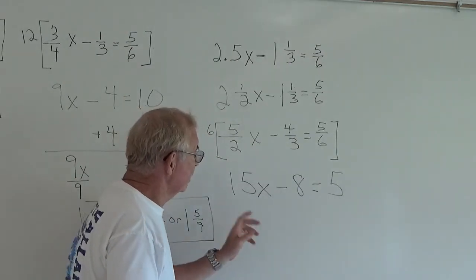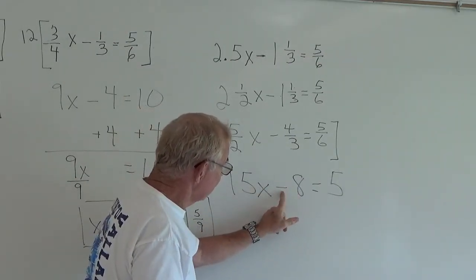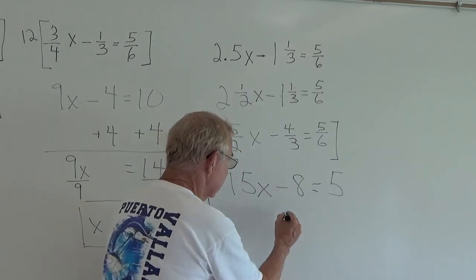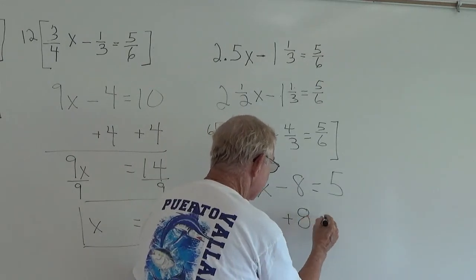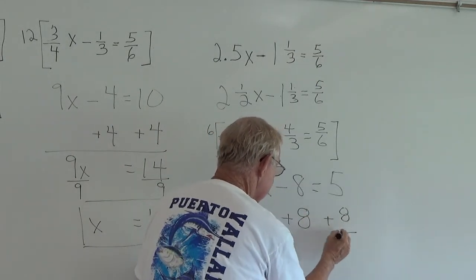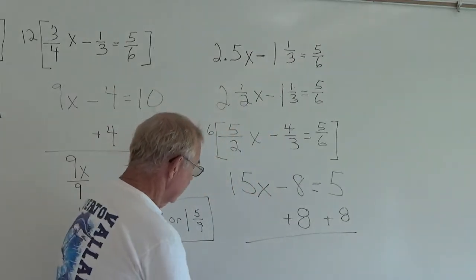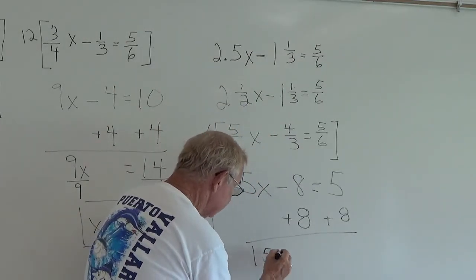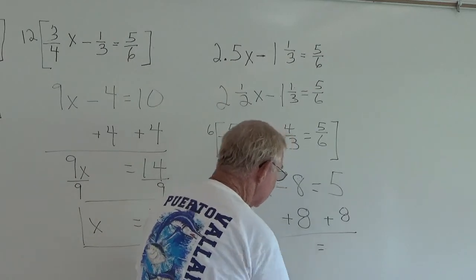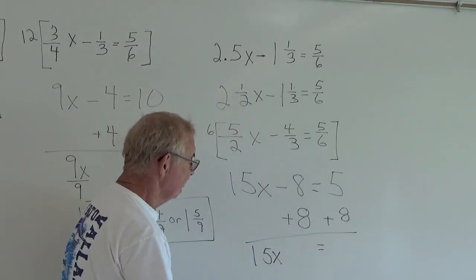Now, what do we need to do? Get rid of the -8. The opposite of a negative is a positive. We add a positive 8 to both sides, and we get 15x is equal to 13.